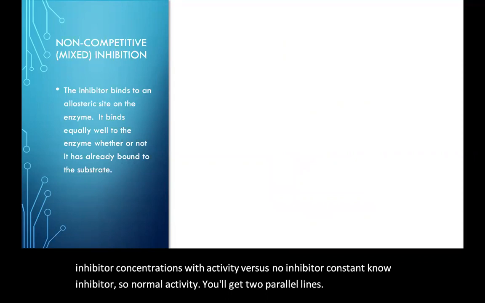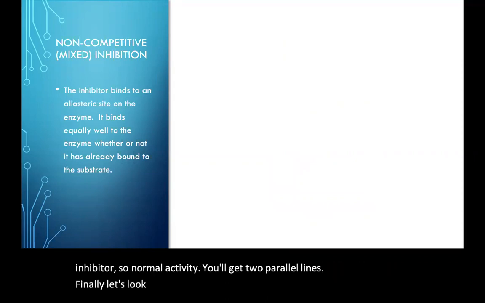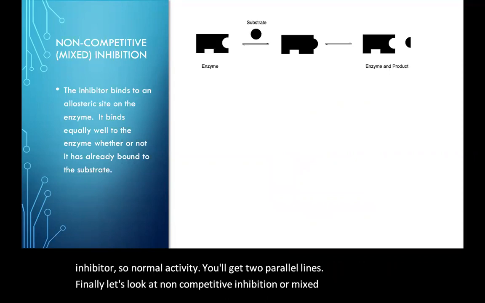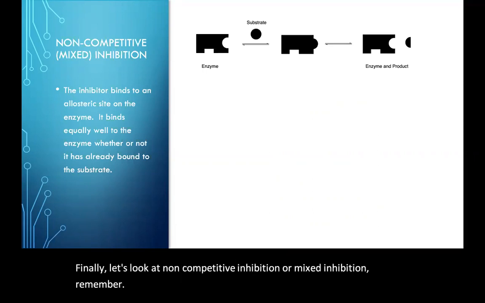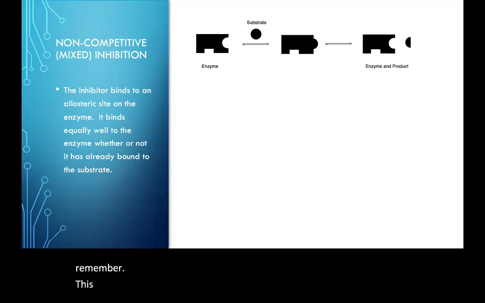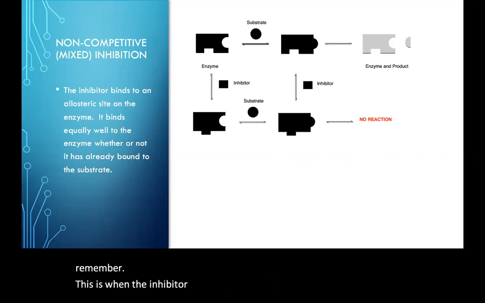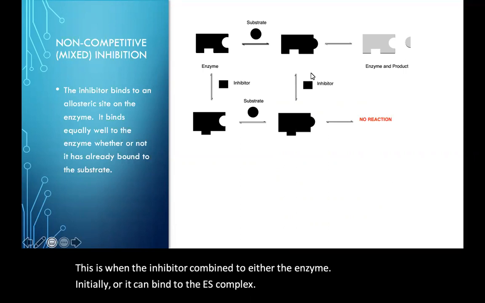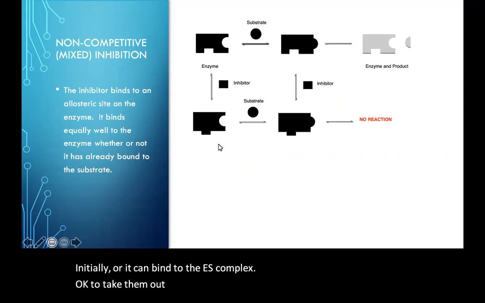Finally, let's look at non-competitive inhibition or mixed inhibition. Remember, this is when the inhibitor can bind to either the enzyme initially, or it can bind to the ES complex, to take them out of action.